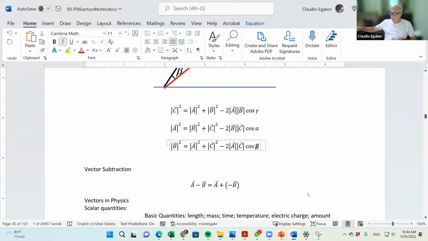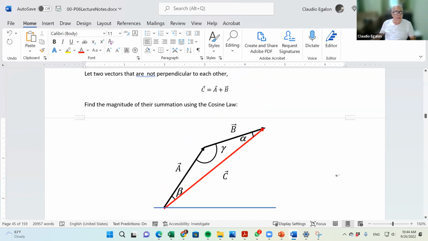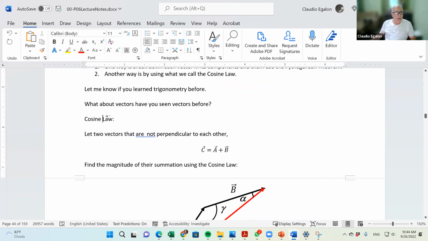So it's 10:45 right now. Let's apply the cosine law. It's not a law, okay? That's why I write it down usually between quotes. It's actually a theorem. There's the cosine law and there's the sine law, right?